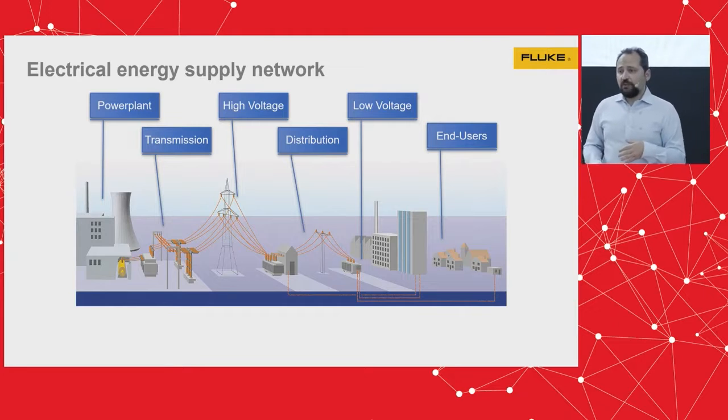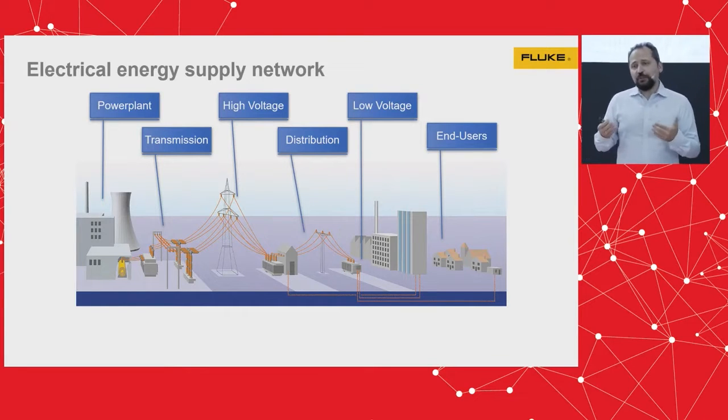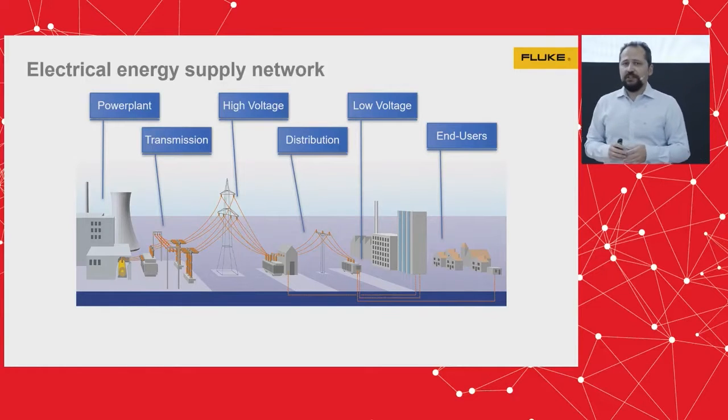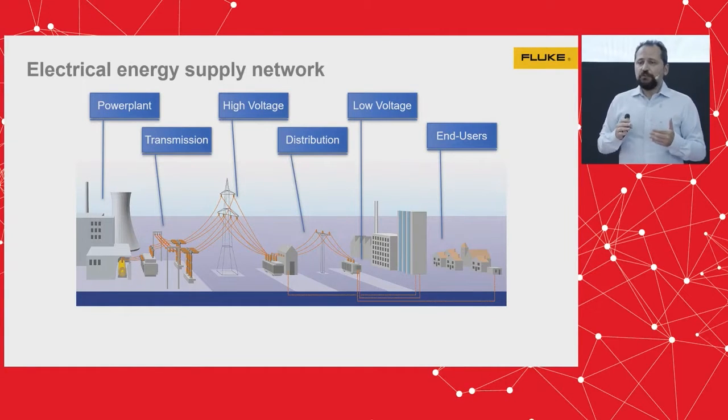The end user is the one consuming that energy and drawing current from the system. So the quality of the voltage delivered to the end user needs to be maintained regardless of the current being drawn.